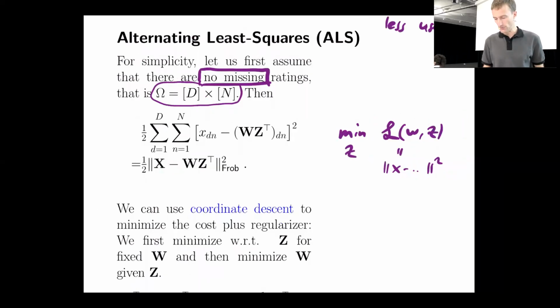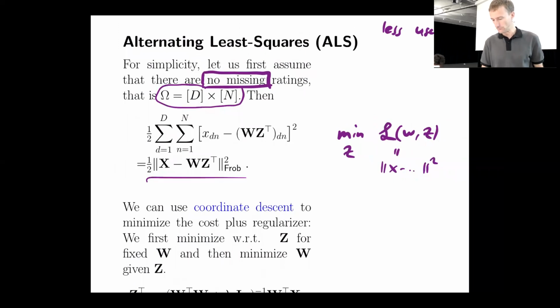So this is this special case, right? When you observe everything, then the problem looks like this, and it looks really simple, right? It's just asking which W and Z bring this smallest. And X are the true ratings.